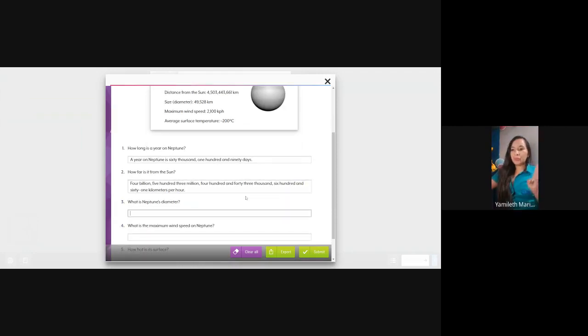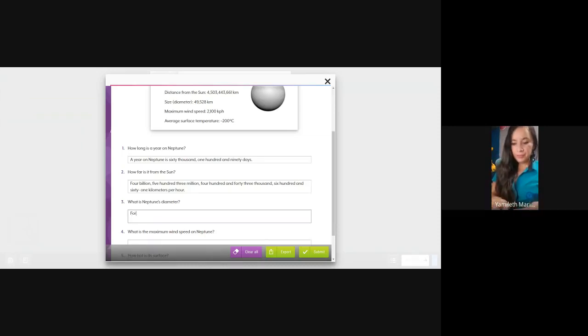Then we have number 3. What is Neptune's diameter? We have in here 49,528 kilometers.